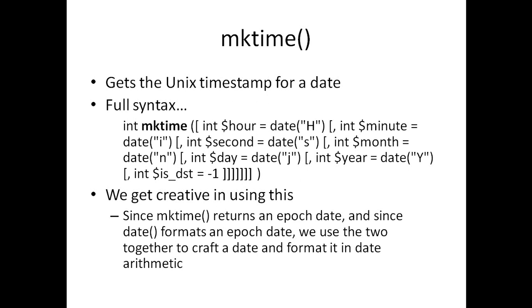Now, you might say, well, why would I use make time just to get an epoch time for a particular date? Well, we get creative in using this. Since make time returns an epoch time, and since date formats an epoch date, we use the two together to craft a date and format for date arithmetic.